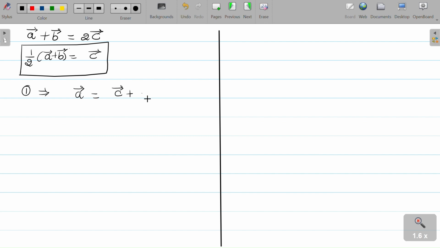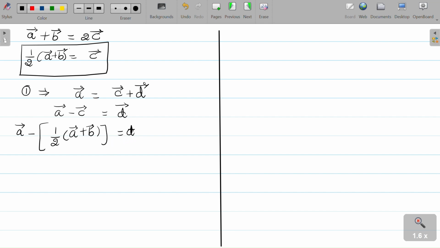I need d vector, so d vector is equal to a vector minus c vector. I am substituting the value of c vector: a vector minus the value of c vector, which is 1 by 2 of a vector plus b vector, equals d vector.